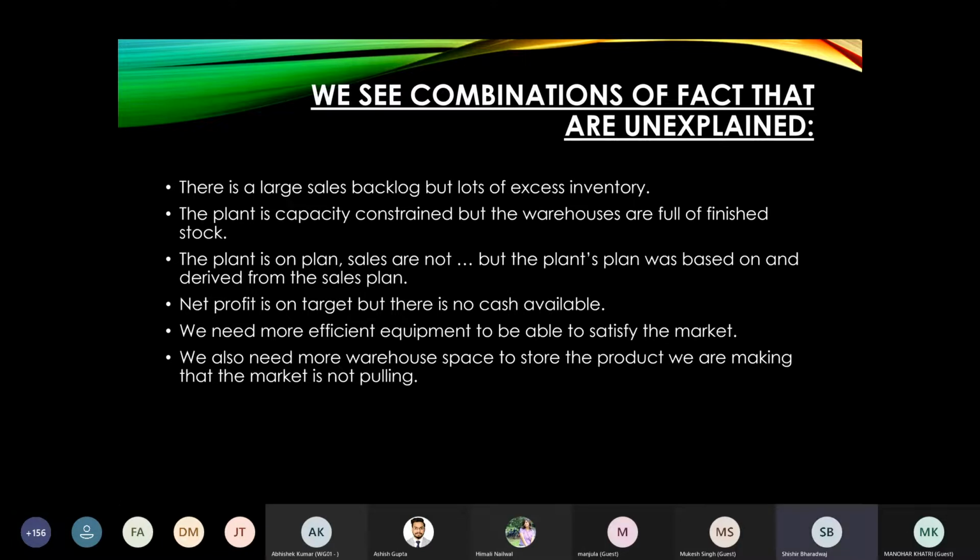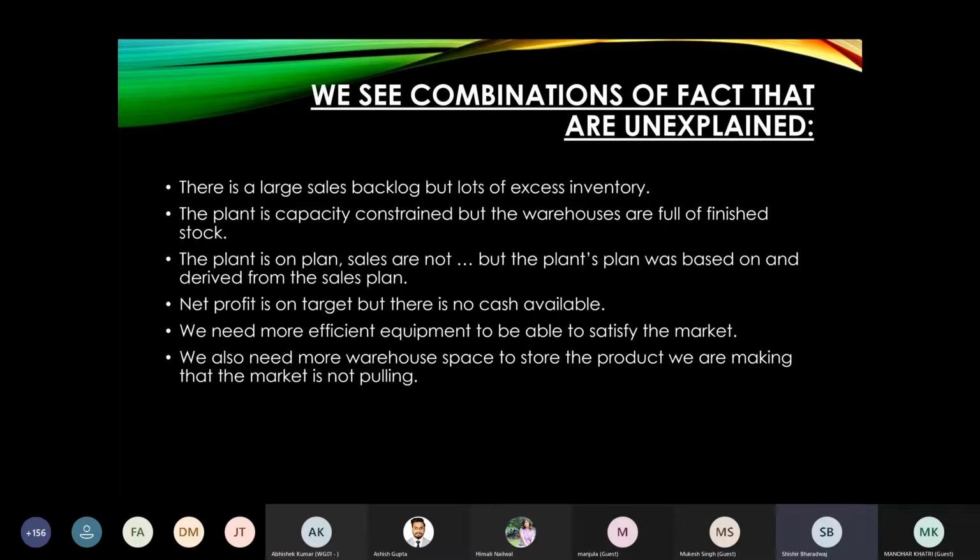Okay. Now what explains all these behaviors that we see? And all these behaviors I've listed impact your ability to make money. If you don't have cash, today you are declared bankrupt. How come you have net profit but no cash? Most of the NPAs, the companies are in profit, but they're non-performing assets.